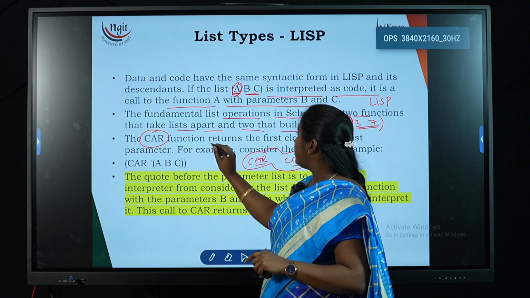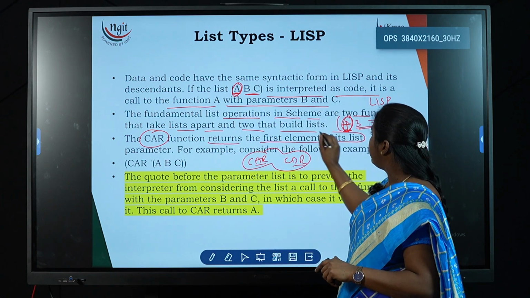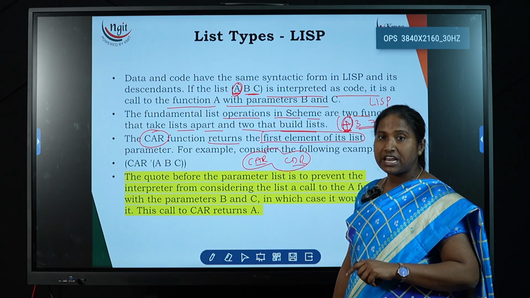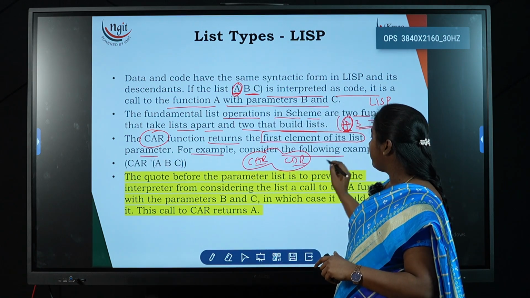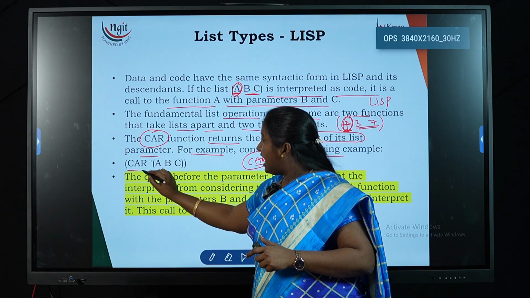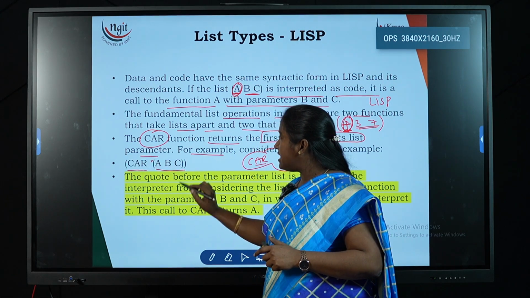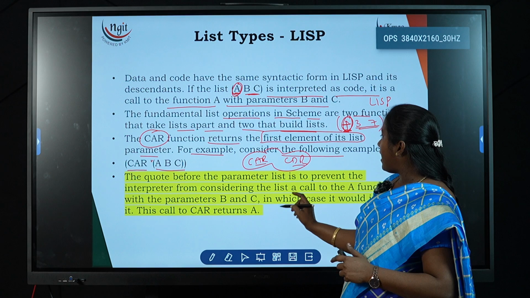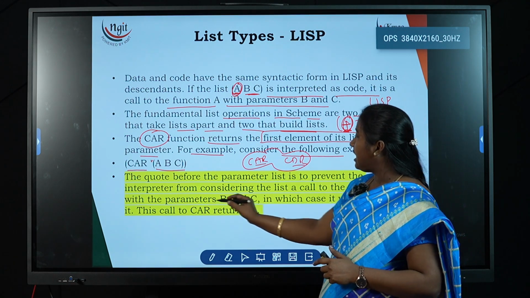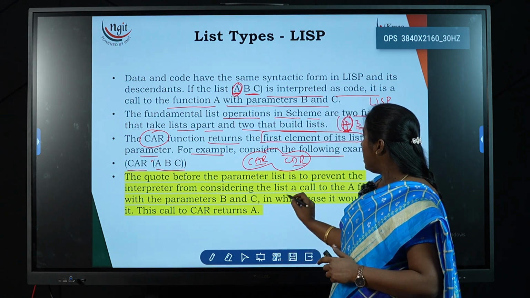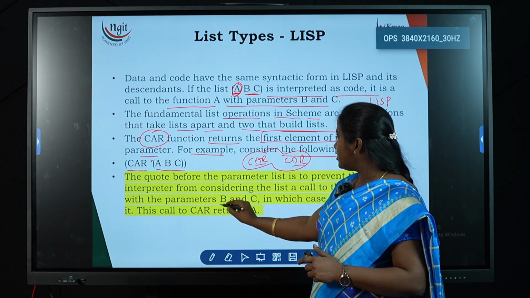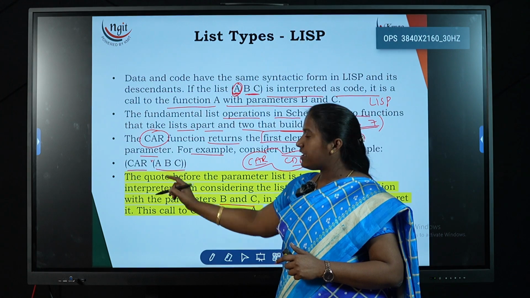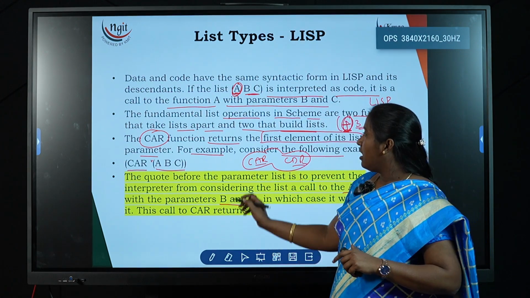Now CAR function returns the first element of its list. What is the first element of the list? Parameter. For example, consider the following example. CAR quote A B C. The quote before the parameter list is to prevent the interpreter from considering the list a call to the A function with the parameters B and C. Now this function will return what value?